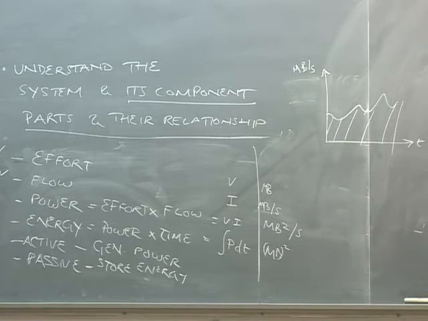A passive element is like a capacitor. It's not doing anything, it's just storing energy. Of course, a battery that's storing and discharging is essentially nothing more than a capacitor. That's also passive. If you think of a mechanical system, a spring is a passive element. When you compress it, it stores energy, and when it releases, it releases energy.